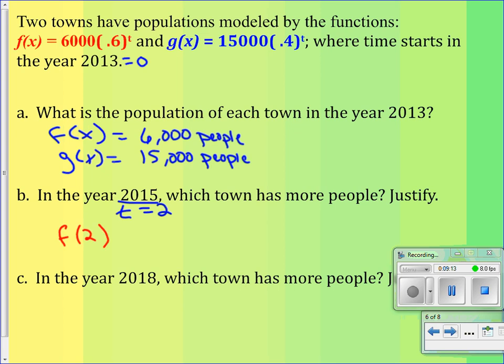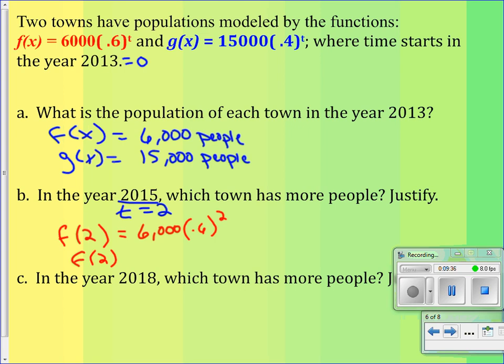So f of 2 is going to be 6,000 times 0.6 raised to the 2nd power. Plug it into the calculator just as I wrote it, 6,000 parentheses 0.6 parentheses, use the caret, raise it to the 2nd power.